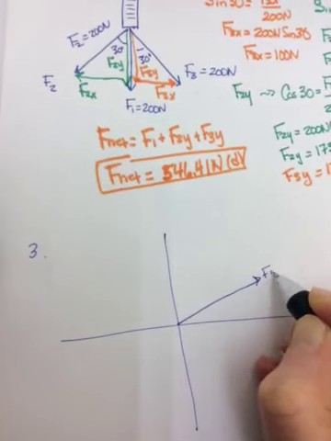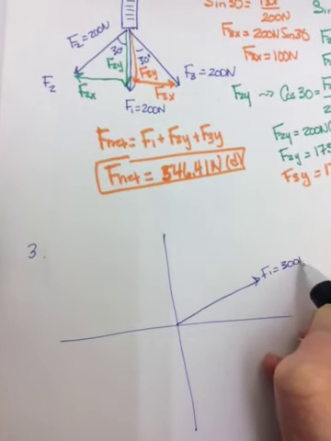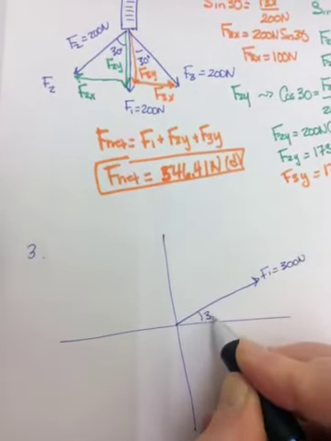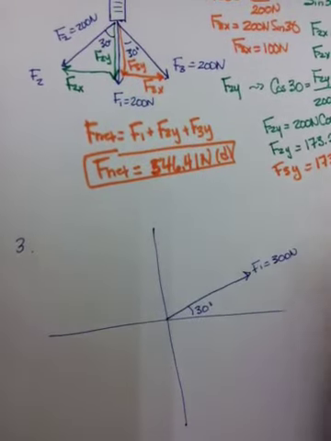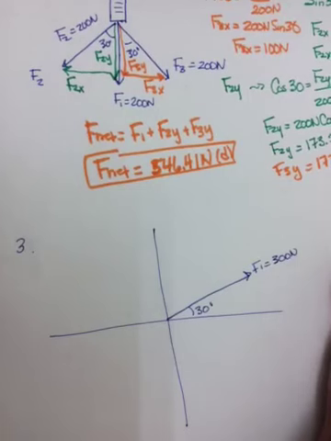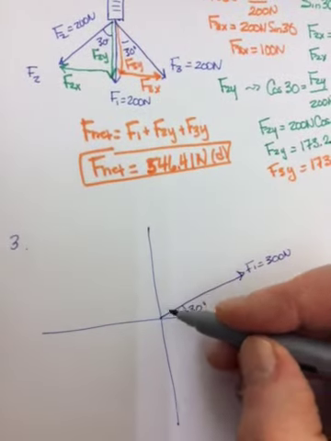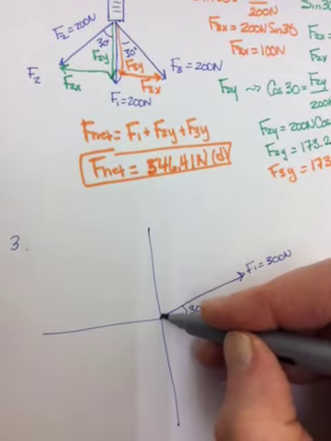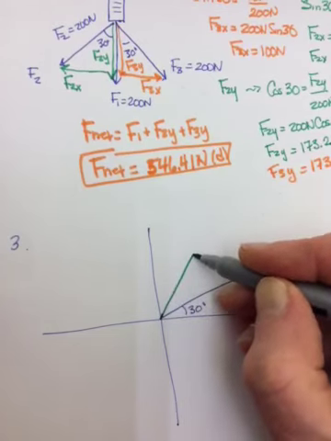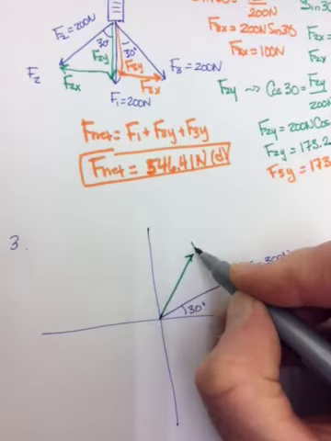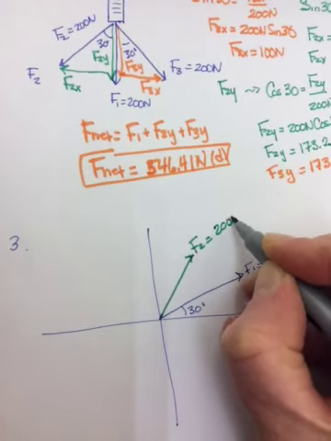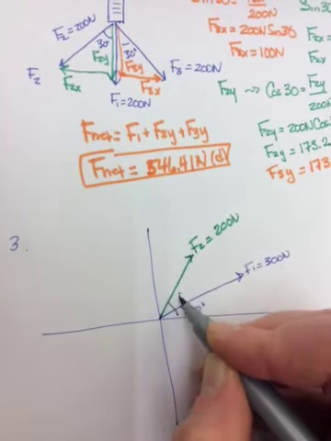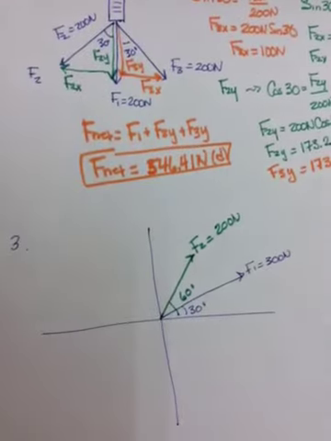So this is F1, 300 newtons, and this angle is 30 degrees. The next one is force 2, 200 newtons acting at 60 degrees. So it's not going to be quite as long as the other one. This is F2, and it's 200 newtons, and this angle is 60 degrees.